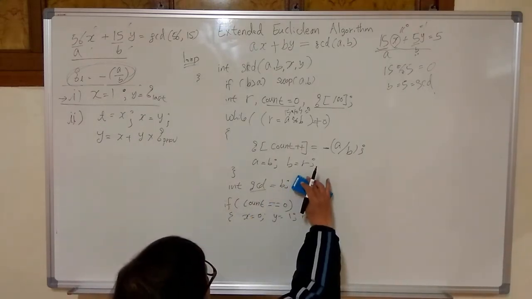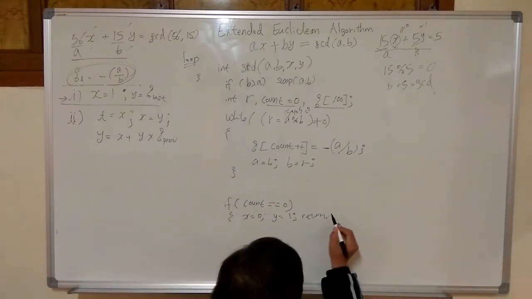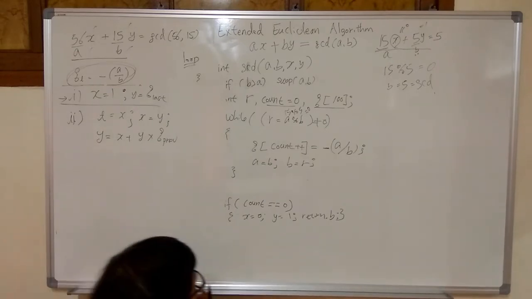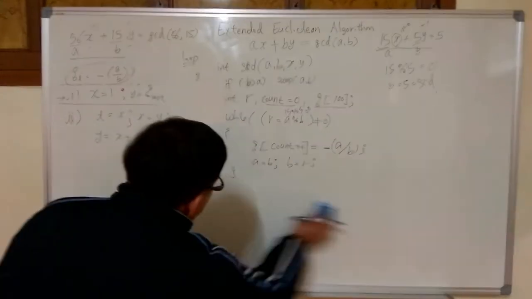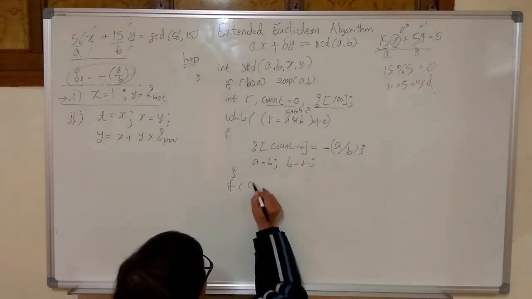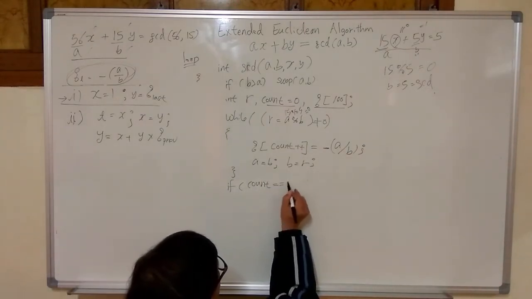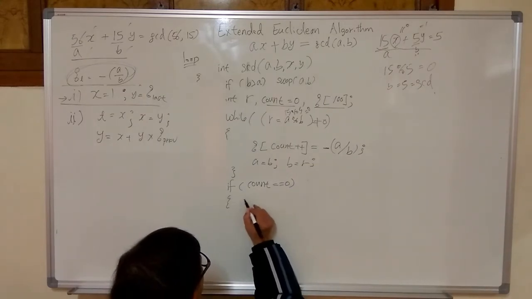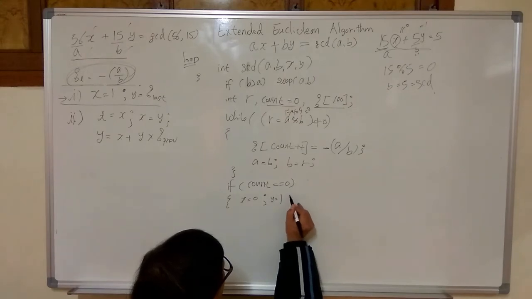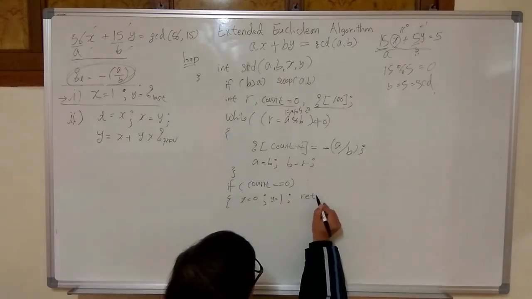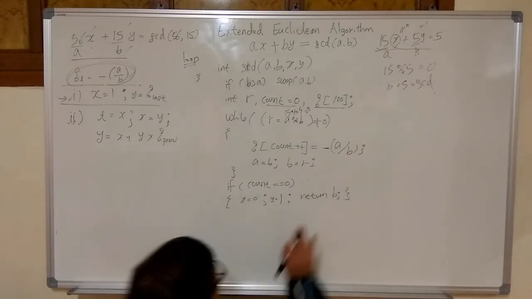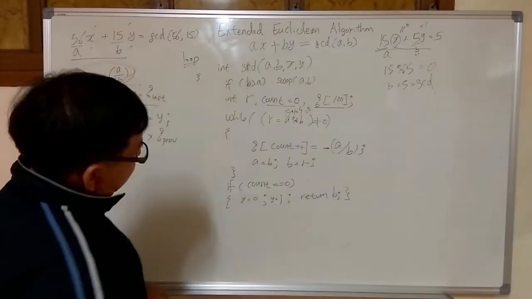Actually, we don't need this, we can just return B. Then it ends. So I will move it up like this. If count equals 0, then x will be 0, y would be 1, then return B. B is the GCD. So the equation ends.